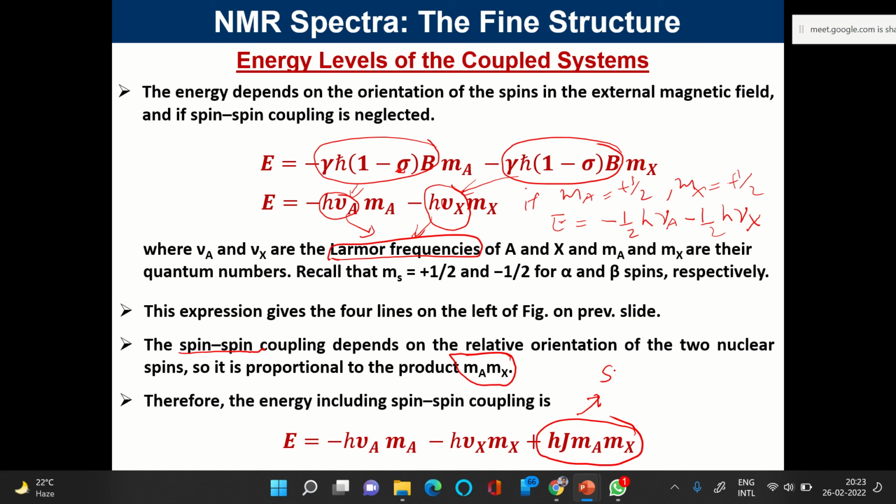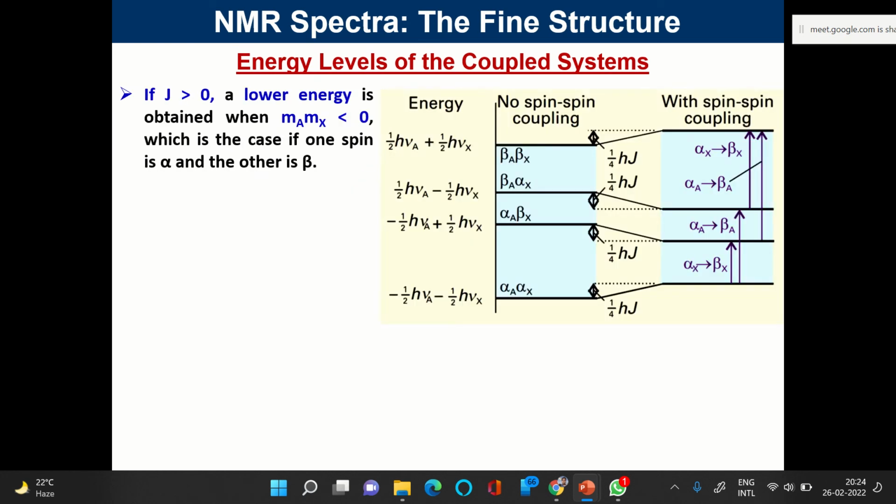This is the term that indicates spin coupling: hJ MA MX. It is an additional term coming into the picture when you have spin coupling, so the energy is affected by this amount. Now if J is positive, so the coupling constant is positive, then you put the values, and MA MX will be negative for the first part.